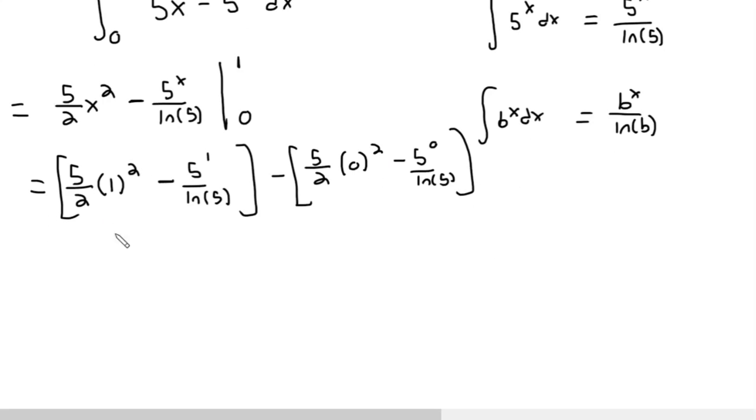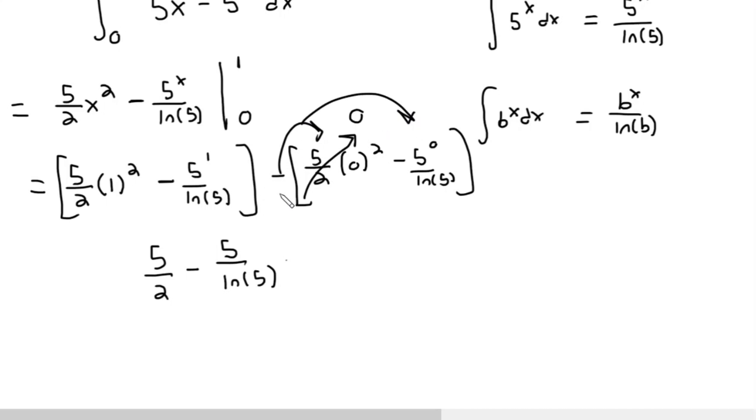So I'm going to have 5 halves minus 5 over ln of 5, because 5 to the first is just 5. This would just become a 0 because it's being multiplied by 0. And you see I'm subtracting a negative. This negative gets distributed over here. So negative, negative, that's a positive. And this is 5 to the 0.